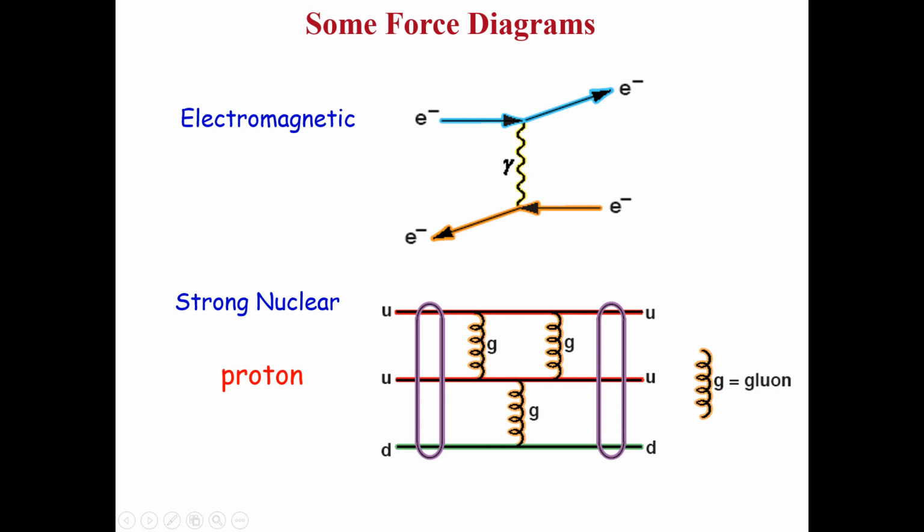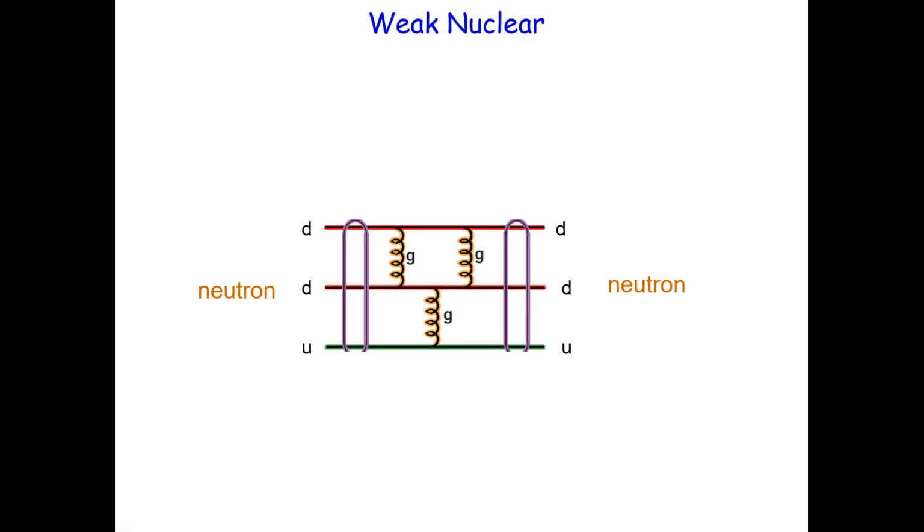That is, the quarks are continuously exchanging the gluons. The same concept applies for the neutrons, which can exchange the gluon as well. But remember, neutrons are a combination of 2 down quarks and 1 up quark.